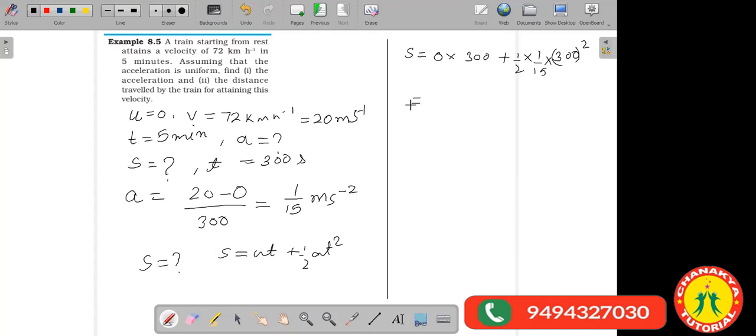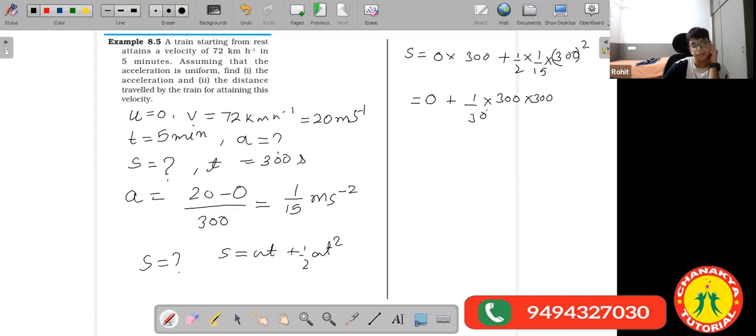How do you calculate? 0 multiply 300 would be 0. So we get here 0 plus 1 by 30 multiply 300 multiply 300. So do not cancel it before making the square. First make the square and then cancel.